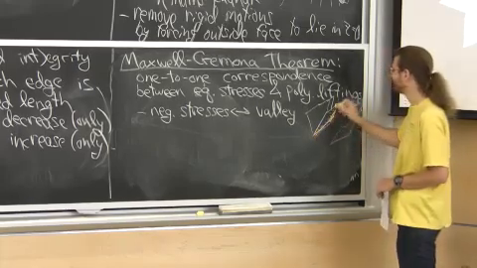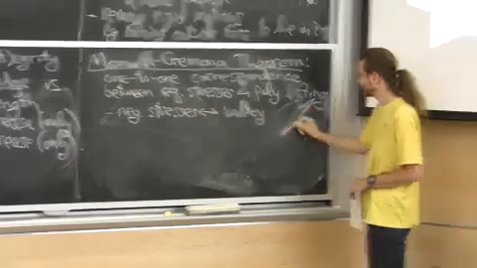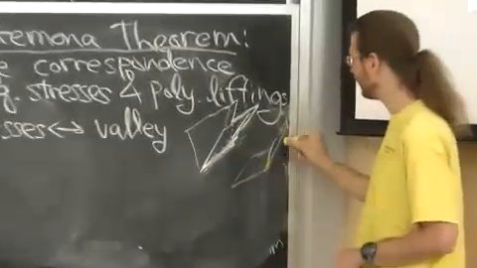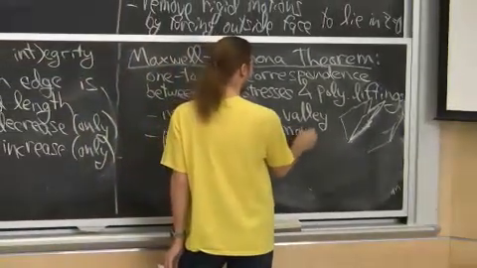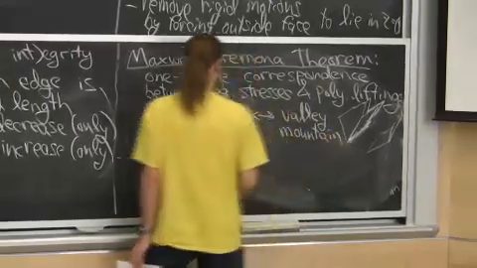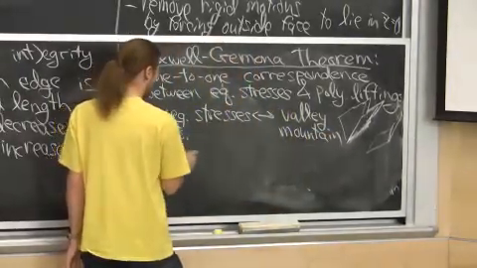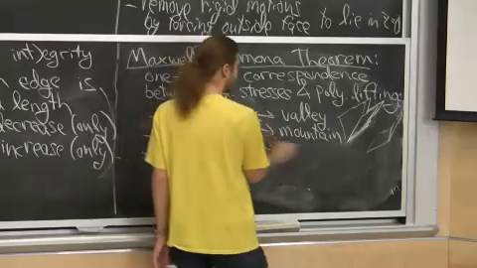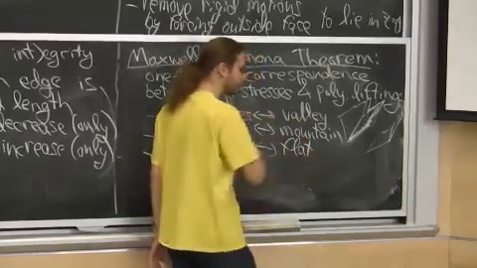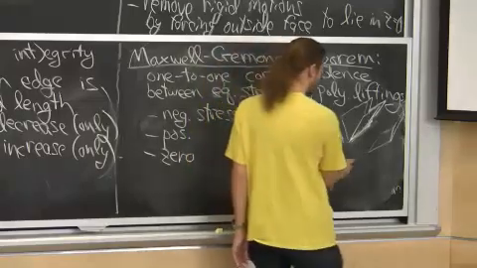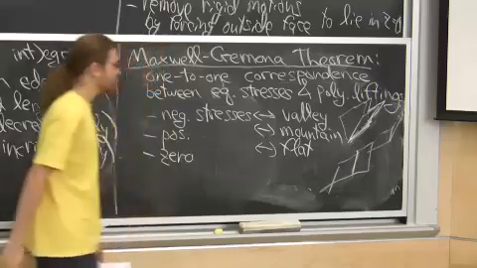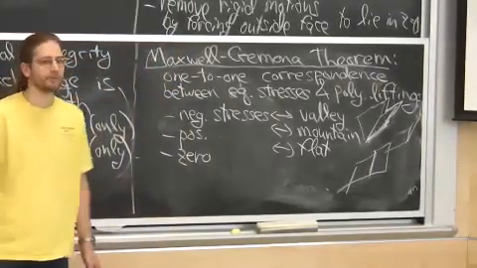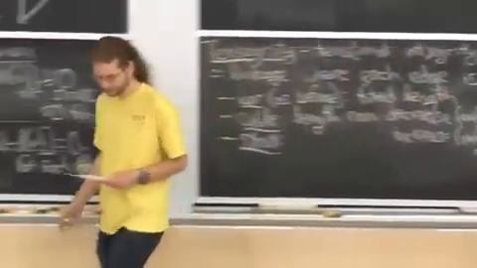That's a valley edge here. This is another valley edge here. Okay, whatever. A positive stress corresponds to a mountain, which is the same picture upside down. A 0 stress corresponds to a flat angle. Doesn't have to be horizontal, but it has to be flat. So it could be like this. I'm going to need this in a moment, proving the next thing.